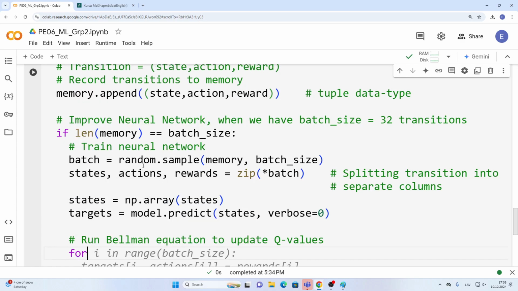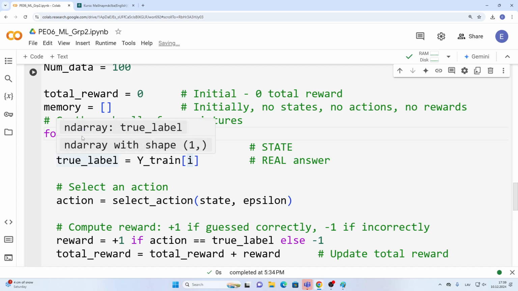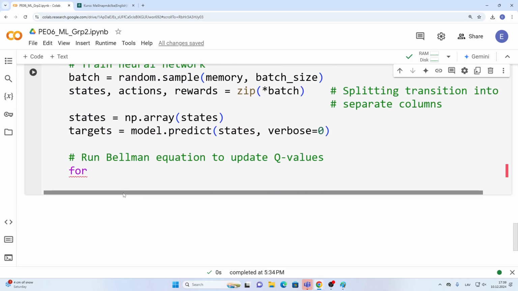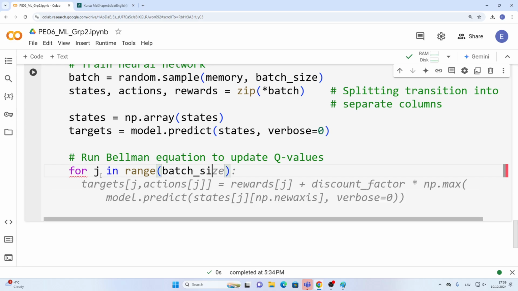So, do we have the for loop? Yes, we do have a for loop for i, so we cannot really use the i again. So I'm going to use, let's say, j in range batch size.